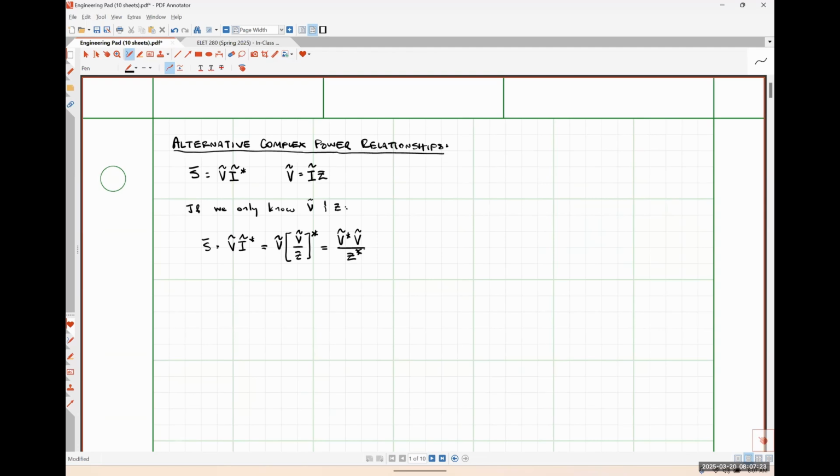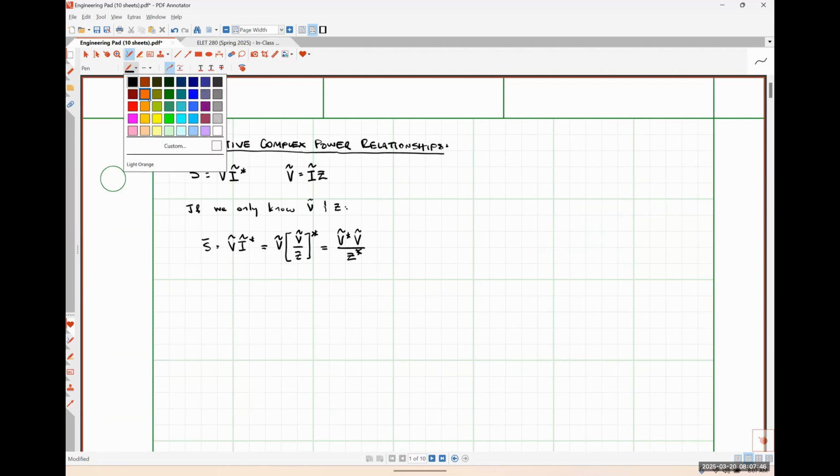Now, I don't know whether or not you guys covered this relationship in your ENGT 221 class. So as a quick aside over here, I want to explain to you all what happens when we multiply a particular complex number by its complex conjugate. Okay.